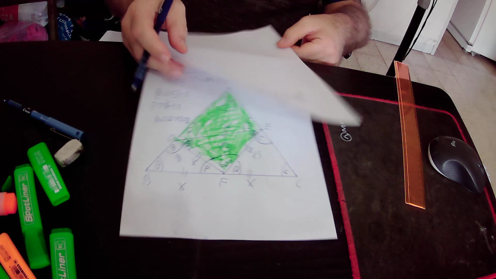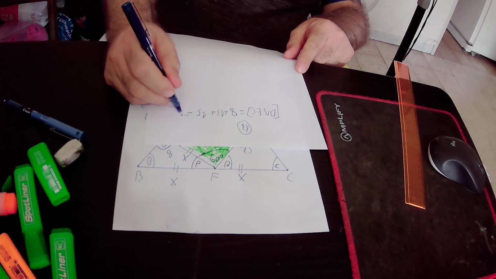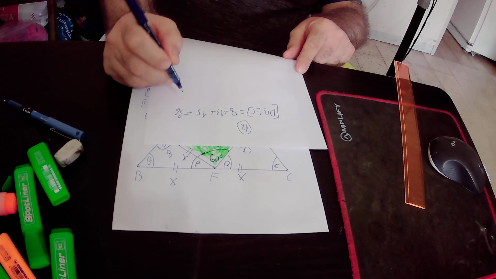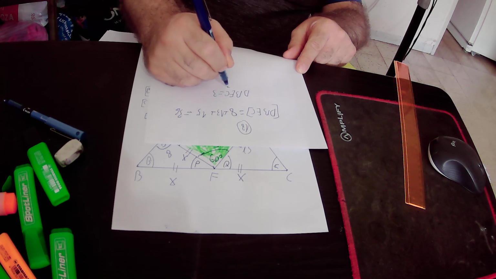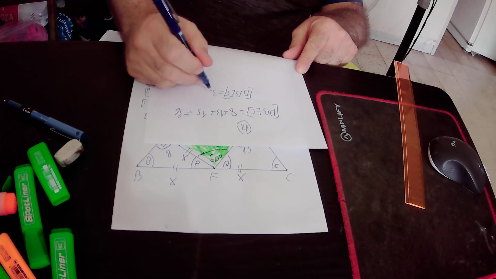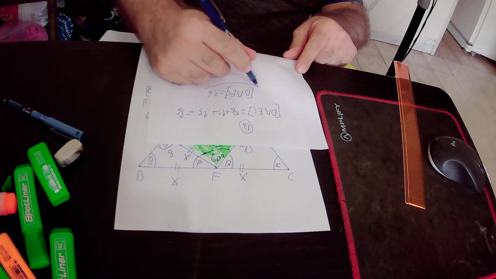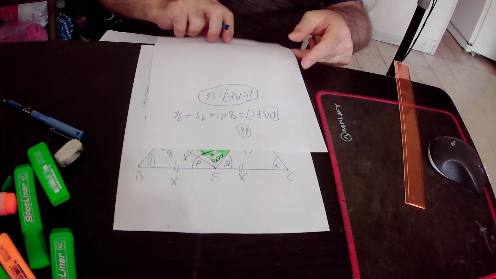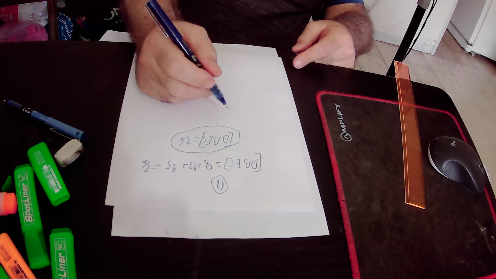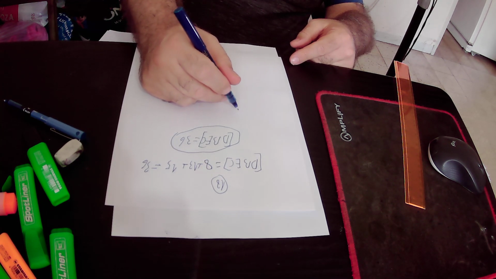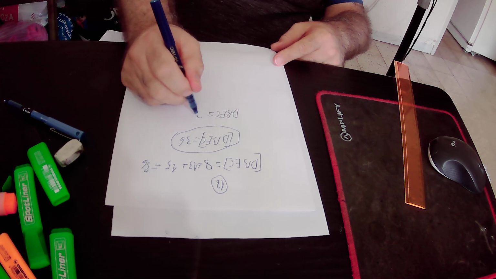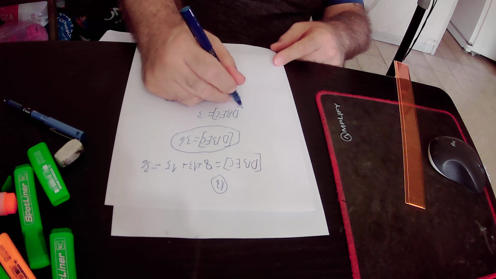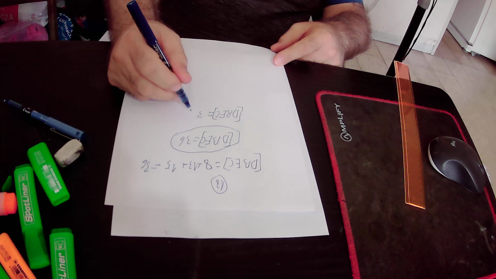So we found out that the area of the quadrilateral DBEC equals 36 square units. Okay, but we have already found out that the area of the quadrilateral DBEC equals 3 times the area of triangle AED.